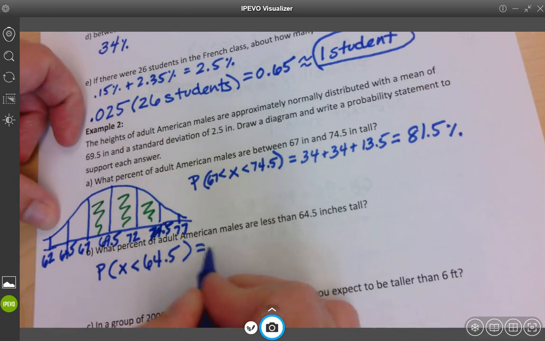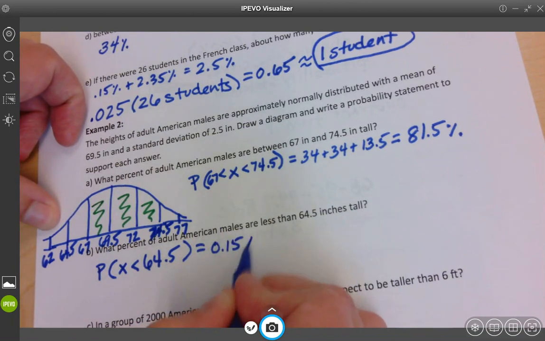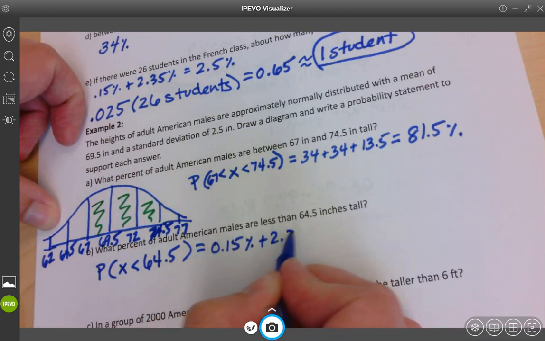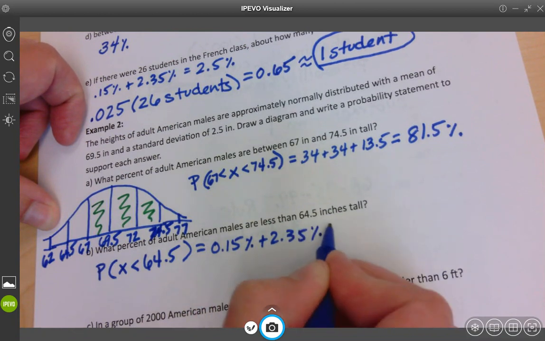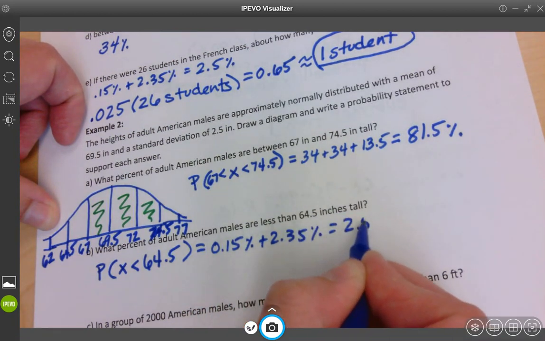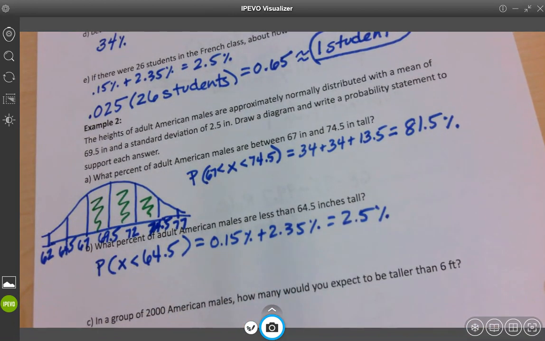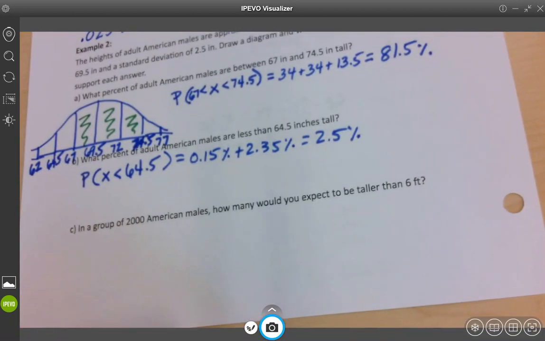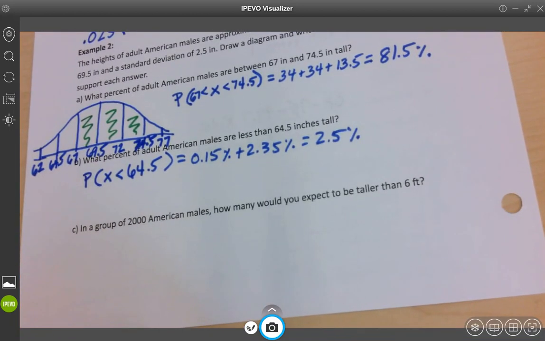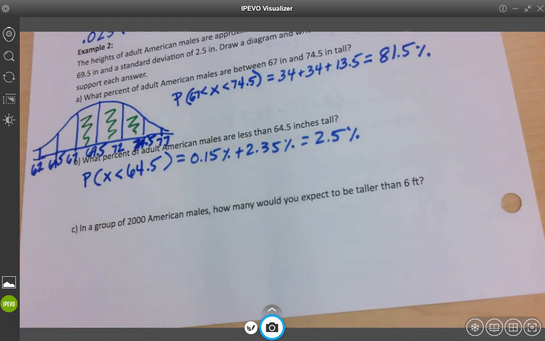And then we add up 0.15% plus 2.35% to get 2.5%. All right, C, in a group of 2,000 males, how many would you expect to be taller than 6 feet? 6 feet is how many inches? 72?